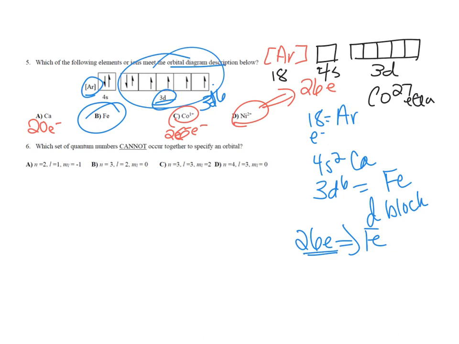So this is 18 for argon, and then you would say 1, 2, 3, 4, 5, 6, 7, 8, 9. Let me double check, 18 plus 9, that's 27 electrons.